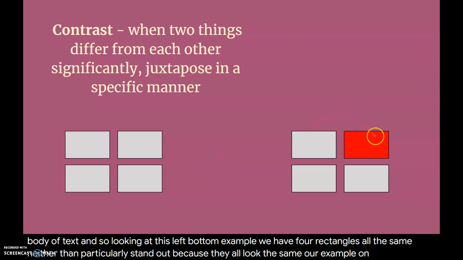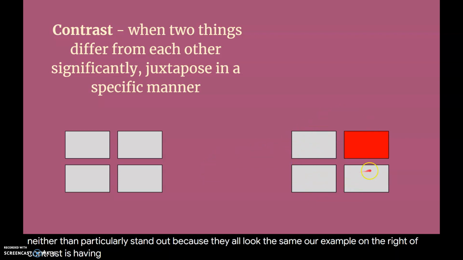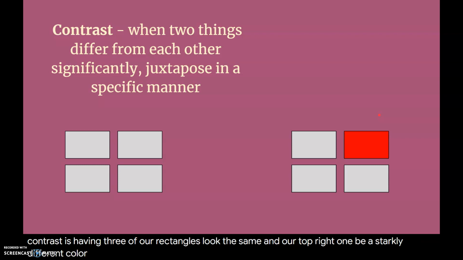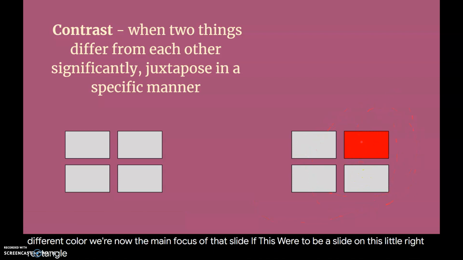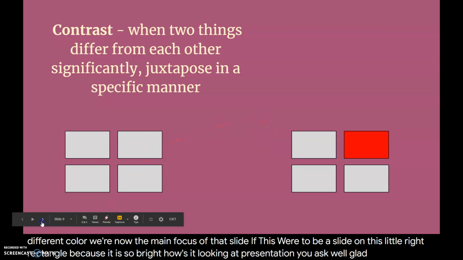And our example on the right of contrast is having 3 of our rectangles look the same, and our top right one be a starkly different color, where now the main focus of that slide, if this were to be the slide on this little right hand corner, would be this red rectangle because it is so bright. How does it look in a presentation, you ask? Well, I'm glad you did.